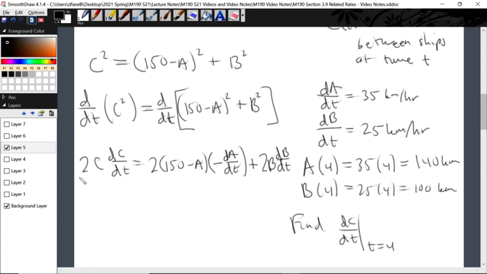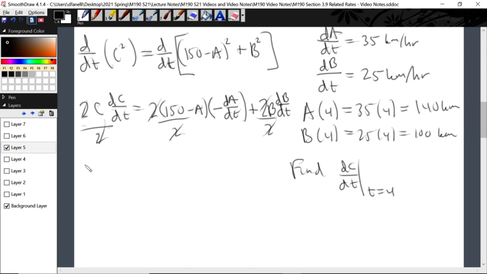Now let's simplify this. First off, I can divide each of our terms by 2, so I can cancel out the 2, and then solve this for dC/dt.